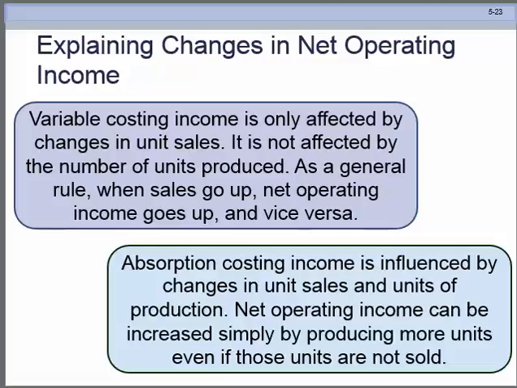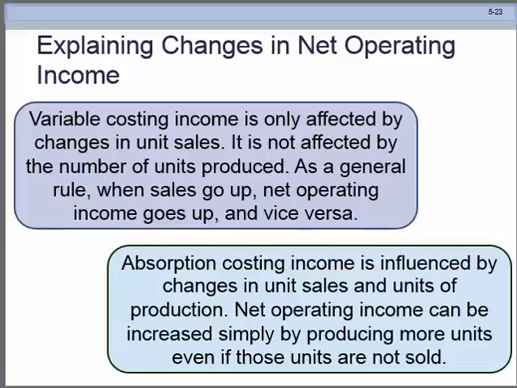It is all based on cost of goods sold. Okay? Absorption focuses on changes in sales, of course, but also changes in production. Net operating income can be increased simply by producing more units, even if we don't sell them.